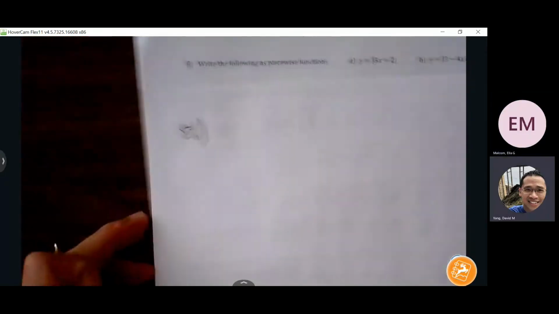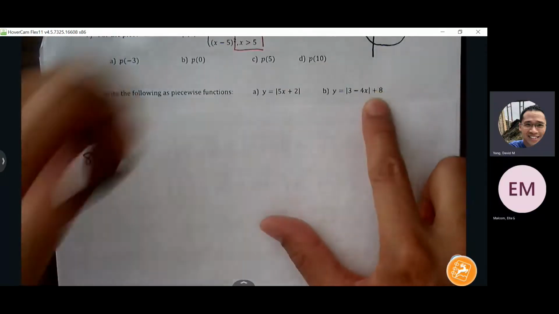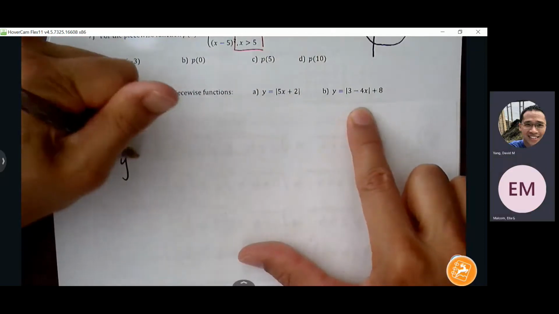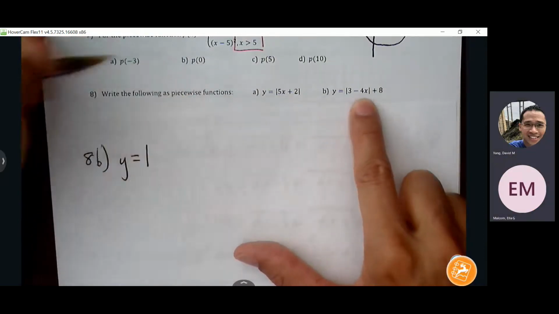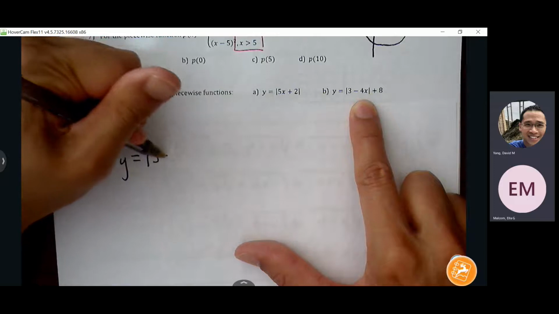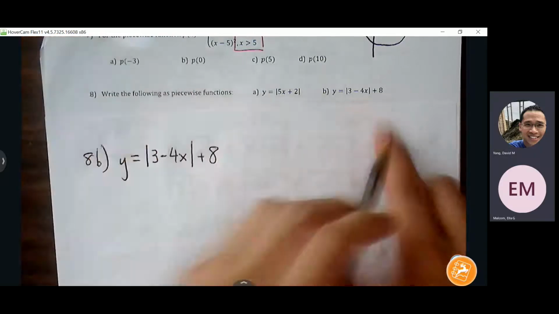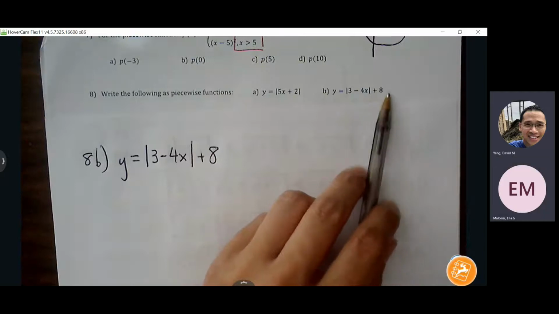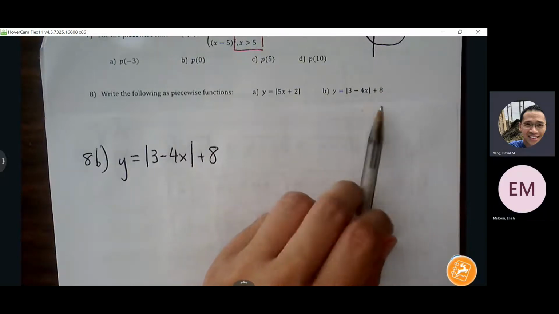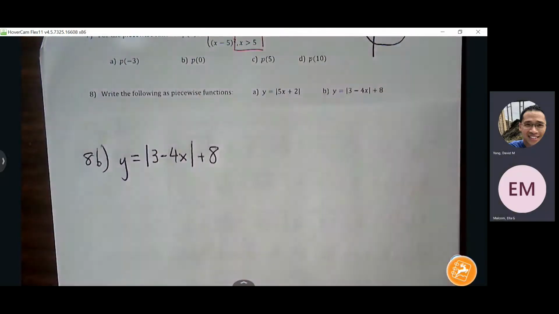What does that 8 mean? Okay, so that 8 is not going to affect the way that we look for the vertex. It just means that the graph is shifted up 8 units, but it's not going to impact how we find the vertex.